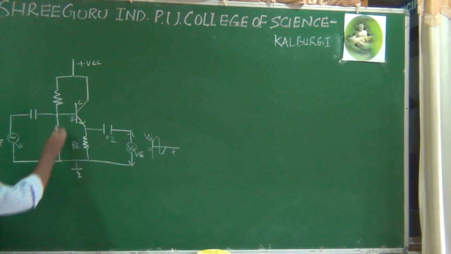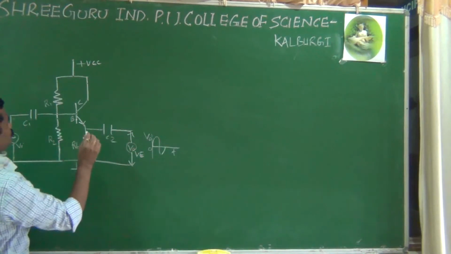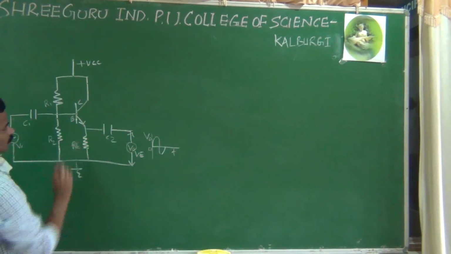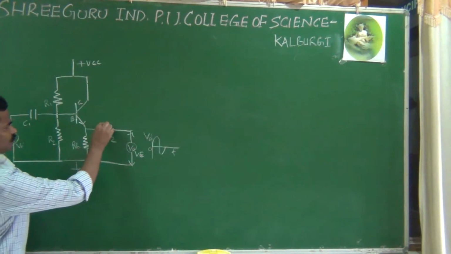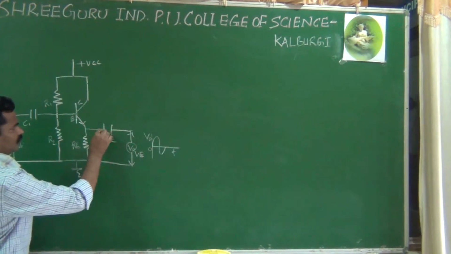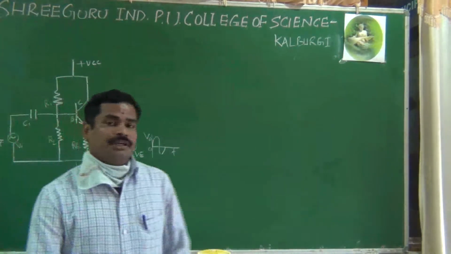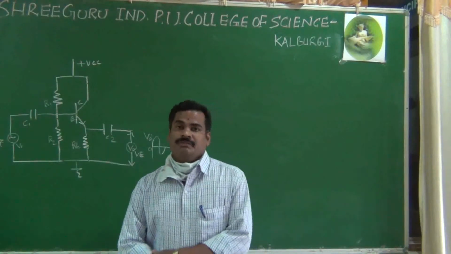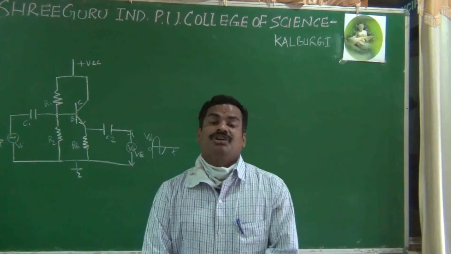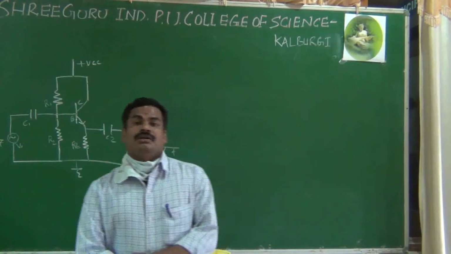Look here, the important thing about R1, R2, C1, C2 and RE. First you draw the circuit diagram; they may ask a 5-mark question. First you have to draw the circuit diagram and then explain the construction, how you are constructing the common collector amplifier.